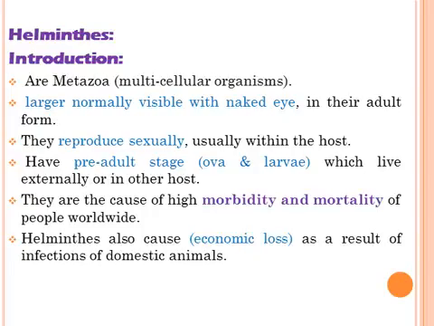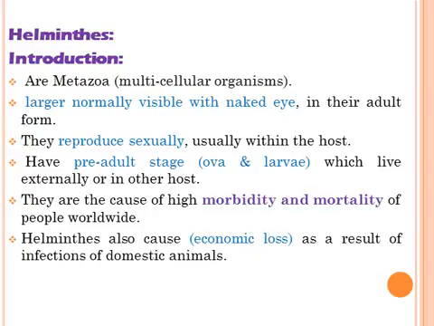The ova develop into different larva stages in the Helminthes. Some of the species' larvae are found inside the host, inside the human, and others are found outside the host. So the adult multiplies bisexually, develops and produces ova, and there is the larva. During the life cycle, the larva develops into the adult.